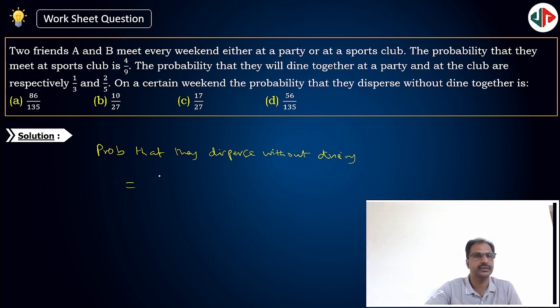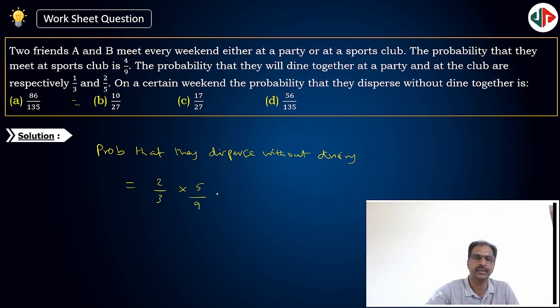Now, what are the two cases here? To have a dining, there are two possibilities. They may meet at a party or at a sports club. Now the question is, they should disperse without having dining. What is the probability that they will dine together at a party? 1 by 3. So they should not dine means 1 minus 1 by 3, 2 by 3, into they meet at a sports club is 4 by 9. They are not meeting at a sports club is 5 by 9.